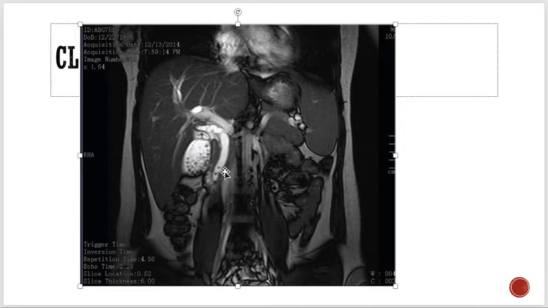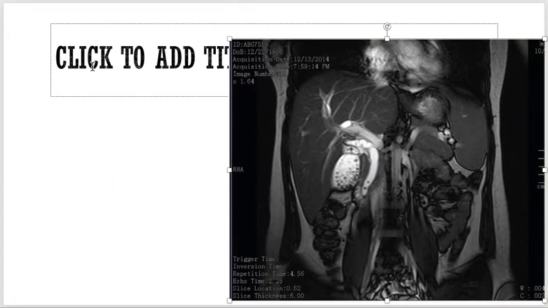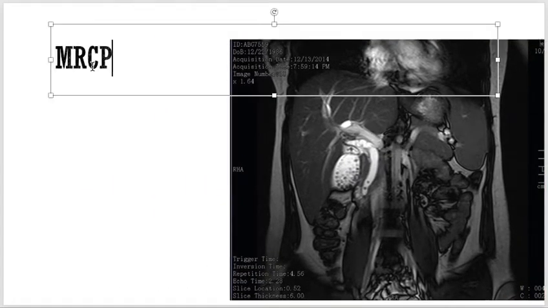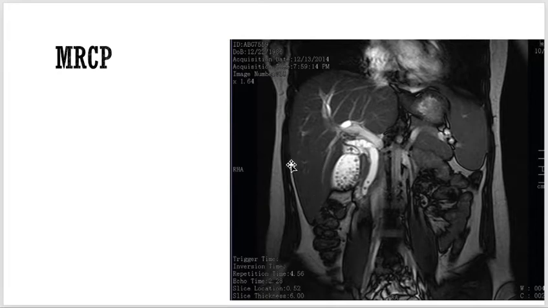So this one is basically called MRCP, magnetic resonance cholangiopancreatography. So this is not a CT scan. This is MRI, or basically MRCP. Okay, you can see this is basically MRCP, magnetic resonance cholangiopancreatography, and we can see the stones, gallstones, in this one, right?